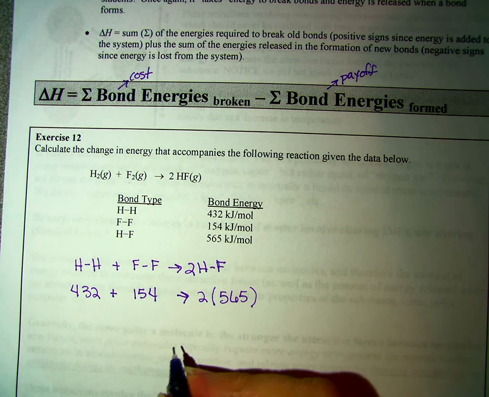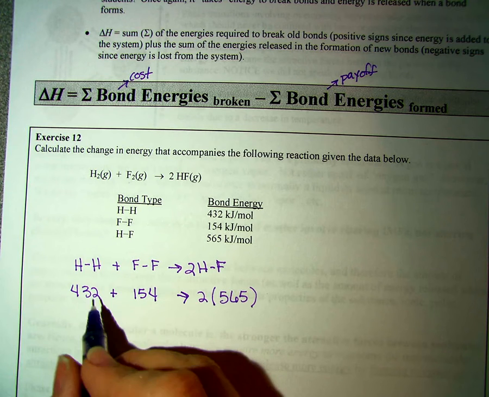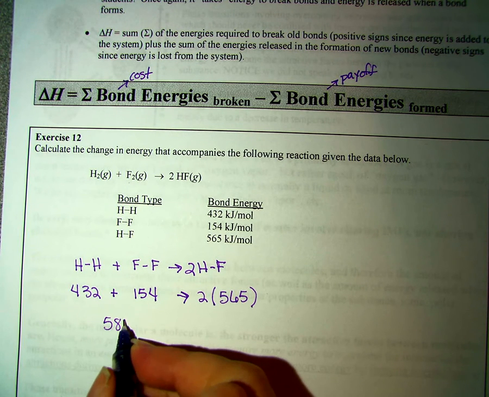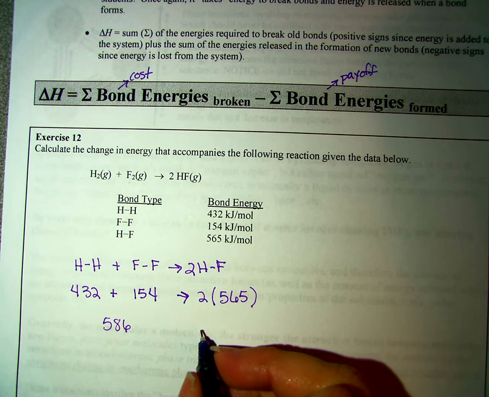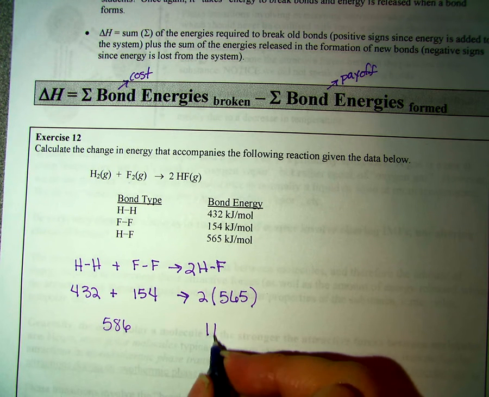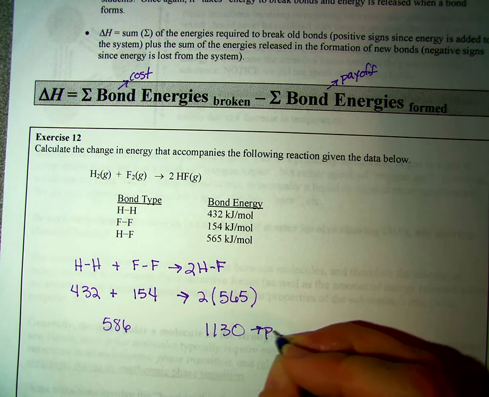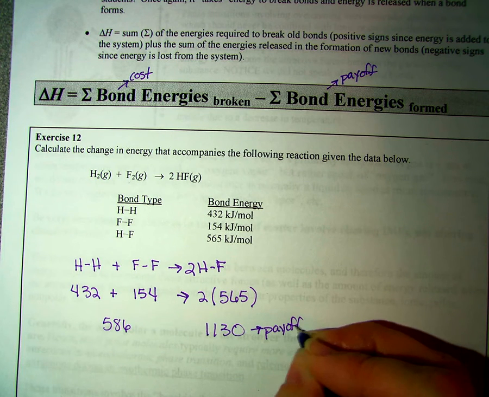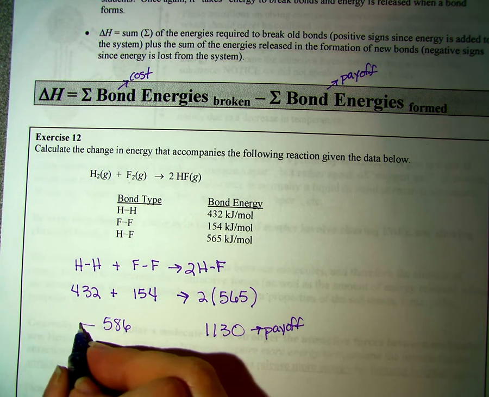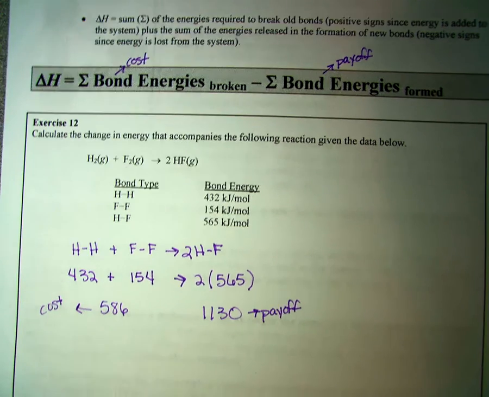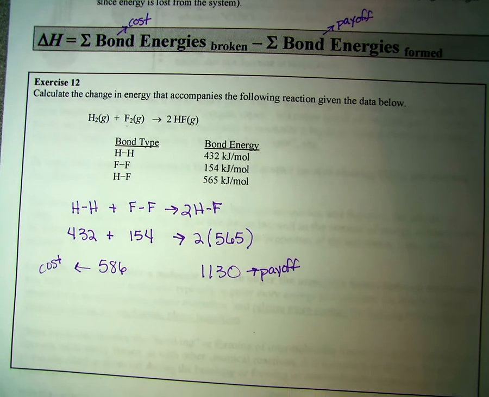So if you add 432 plus 154, that gives us 586. And 2 times 565 is 1130. So remember, this is our payoff. This is the energy we're getting out of it. This is our cost. How much is it costing us energy-wise to break those bonds?